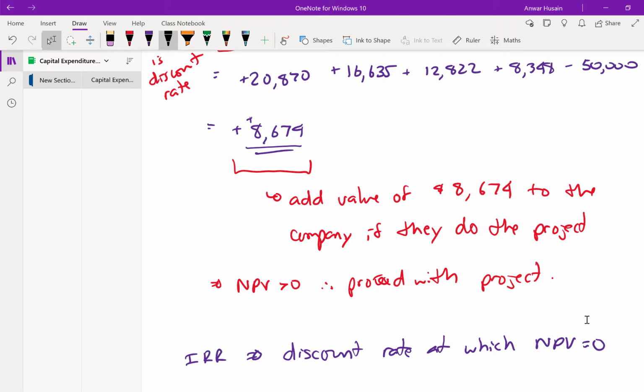I'm not going to do the calculation, but I will say that the internal rate of return for this project works out to 24.08.